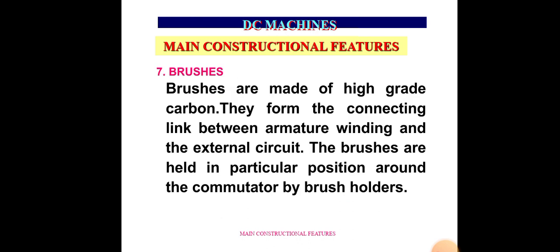The brushes are made up of carbon or graphite material. The function of the brush is to collect the current from the commutator and deliver it to the external load resistance. Mostly, rectangular shaped material is preferred.